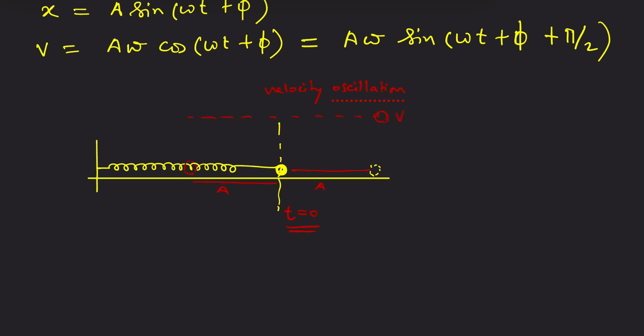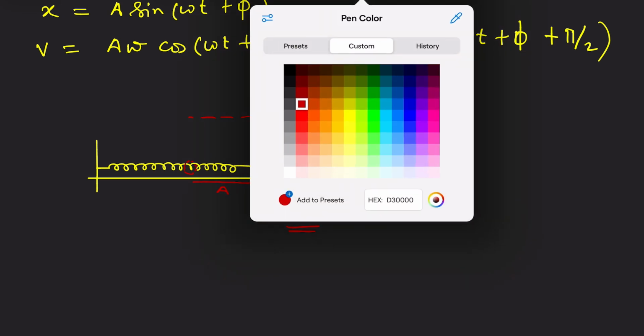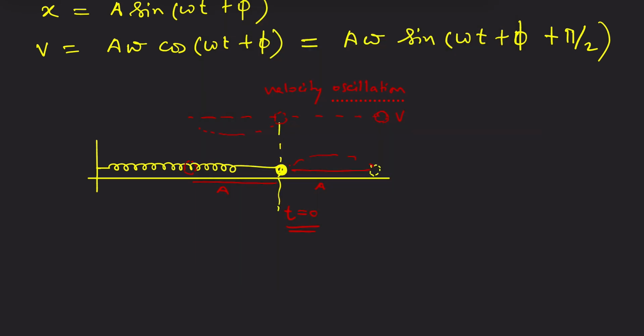Then when your particle reaches the positive extreme, the velocity will have gone to its mean position. I hope you're getting my point. And then when the particle comes back to its mean position, the velocity would have gone to its negative max velocity, means negative extreme.